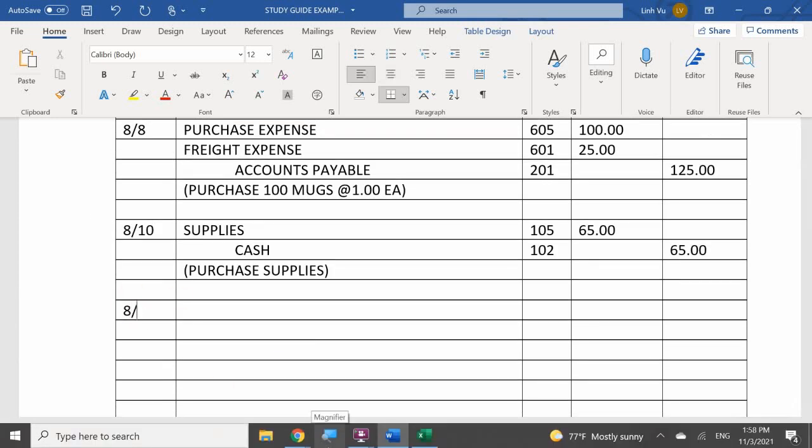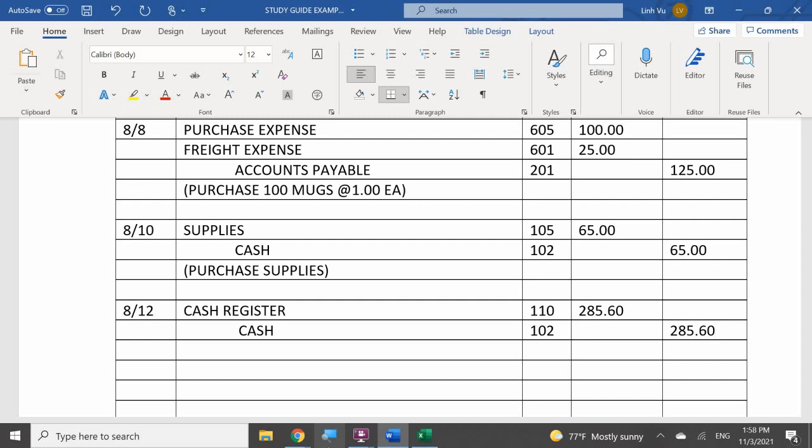On August 12th we bought a cash register with cash, 285.60.